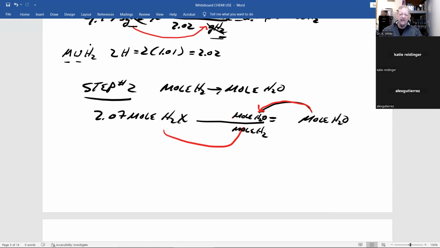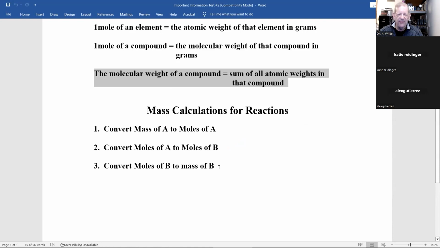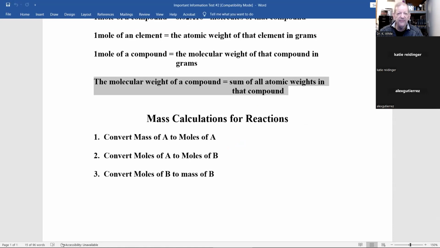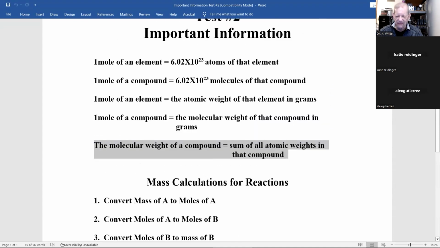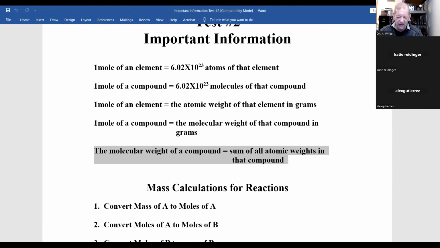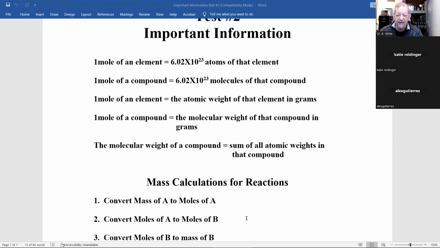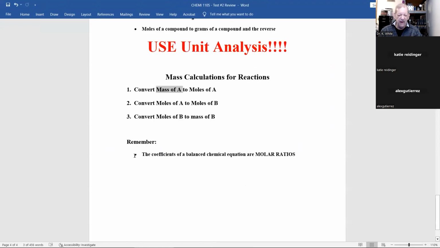And where do I get a relationship between moles of one compound and moles of another? I don't have it on the important information sheet, but I do have it in the review. Remember, this is one thing you should memorize: the coefficients of balanced chemical equations are molar ratios.